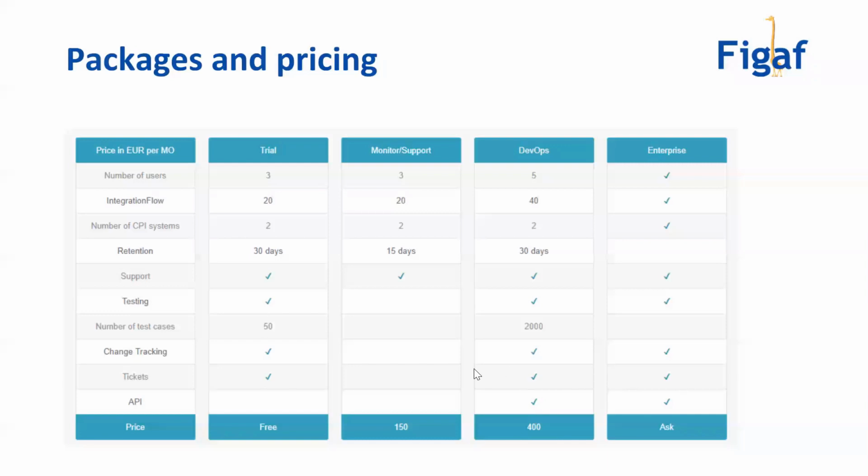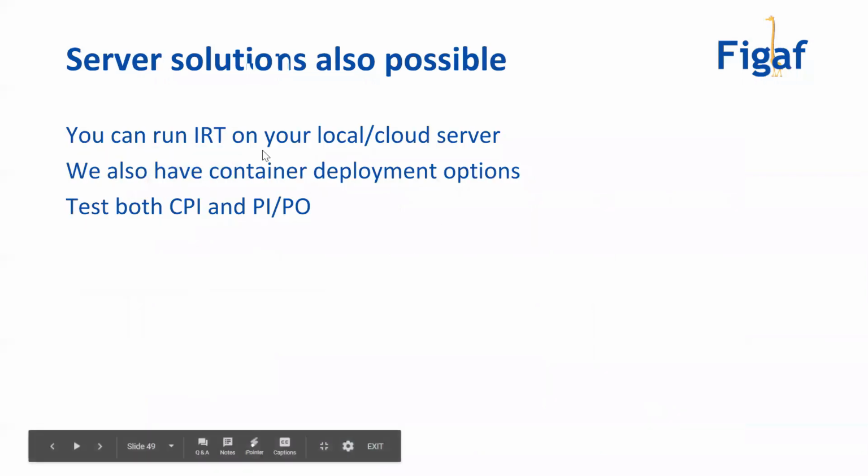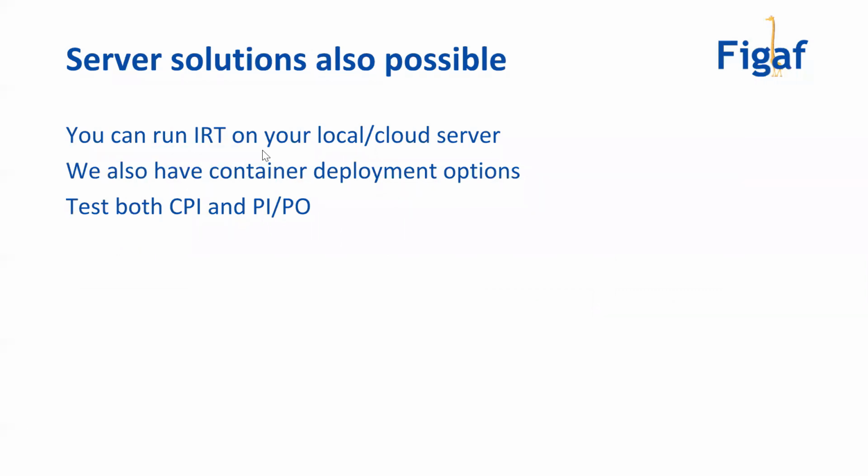And we can also customize a plan for you, which you can host on your own. So you can run it on your own server, or you can run it in a container, and if you run it on your own, you can also test PI and PO with it in the same way.